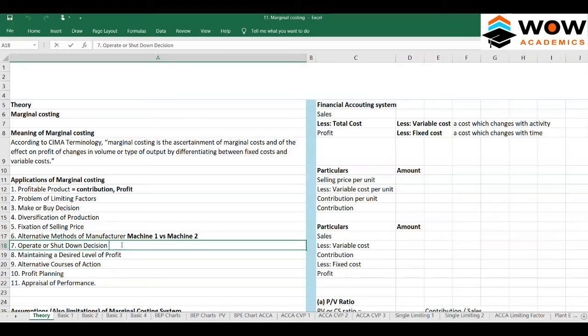Okay, so you can put it like this: shut down for temporary time or permanently. So should you shut it down temporarily or permanently? Okay, or we'll put it like temporarily.